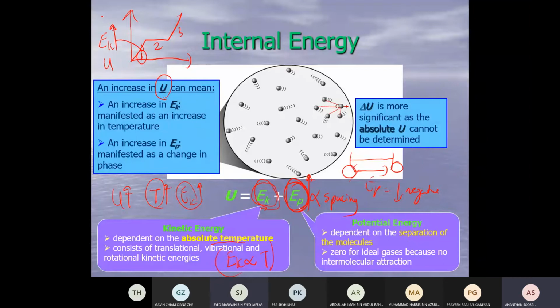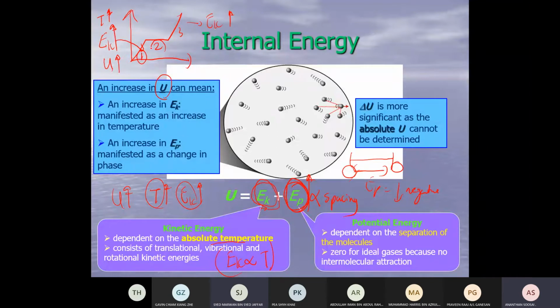You have to tell the reason. You say because temperature rises, therefore EK rises, therefore internal energy rises. Don't straight away say EK rises, therefore internal energy rises. You must say why EK rises: you have to say temperature. At 3 also the same thing, EK rises.